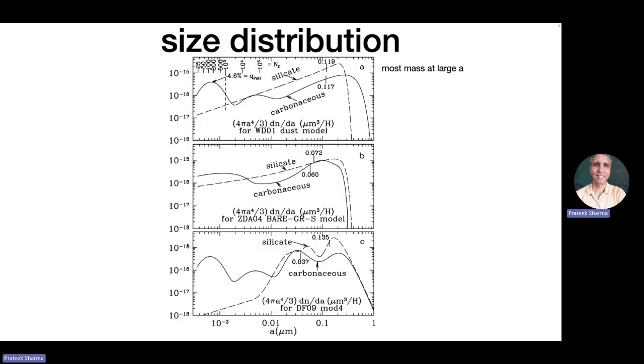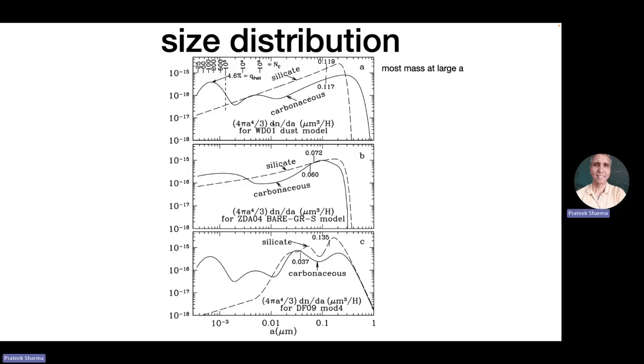What about the size distribution? Grains have a range of sizes. If it had just one size, your attenuation and so on would look very different. So grains are about micron size, but that's just a typical size. There's a distribution in sizes of grains, which is roughly indicated here. So let's see.